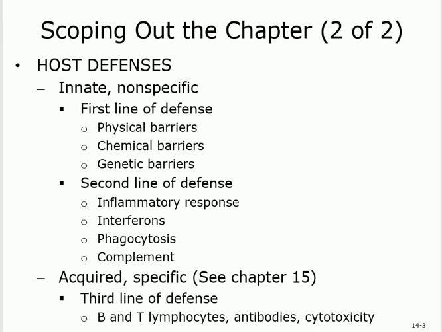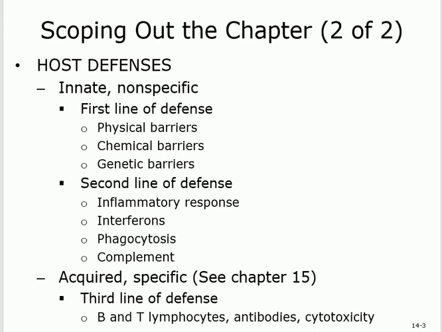Unlike the acquired one, which is a specific one that we are not going to cover in this chapter. It's chapter 15, which is the specific one. This one is acquired. Acquired means we learn it. We acquire it later on. And this one is specific.